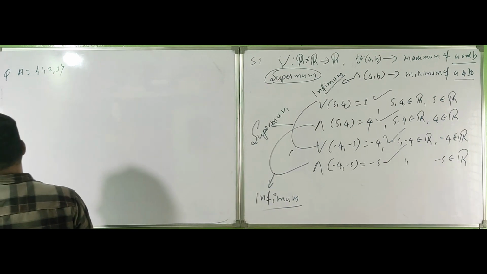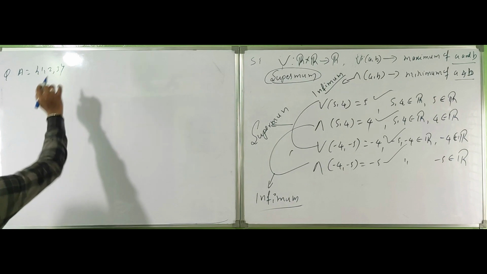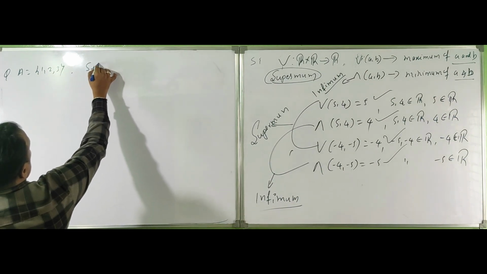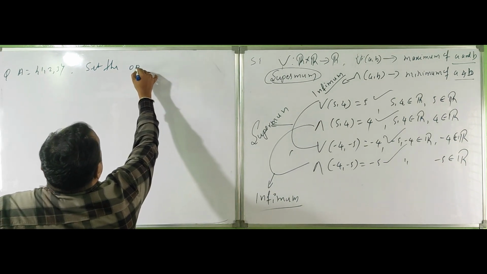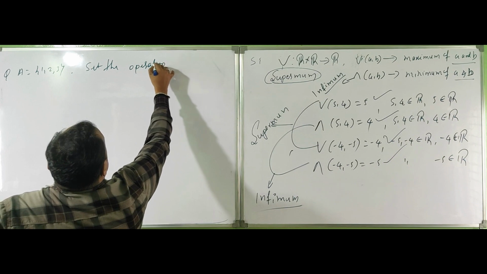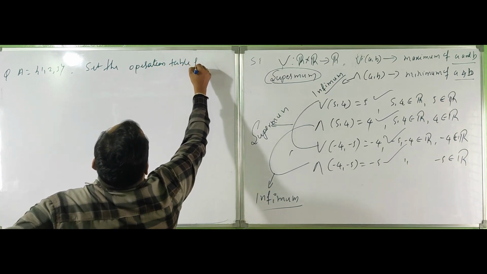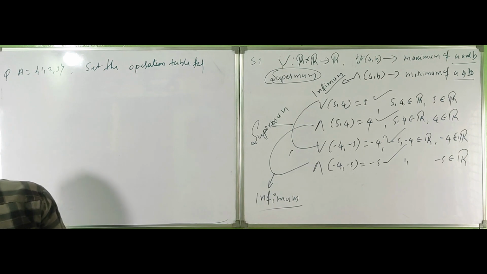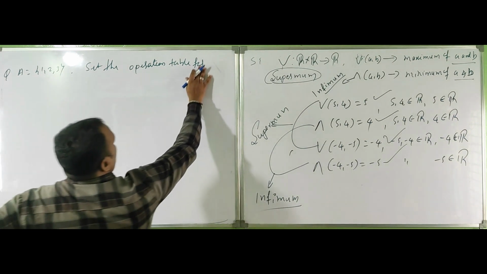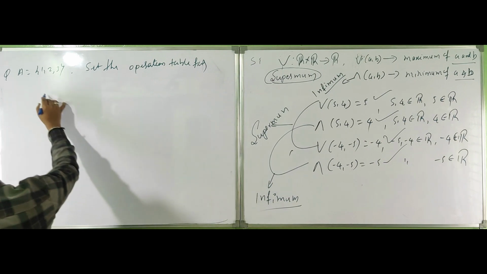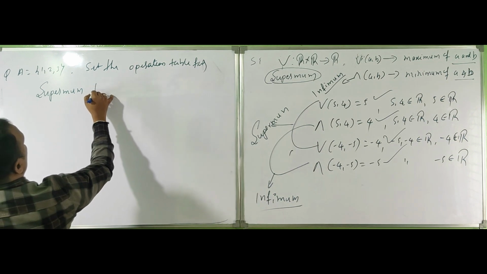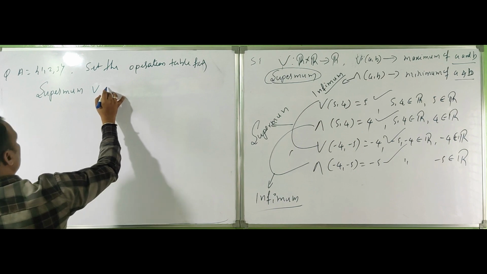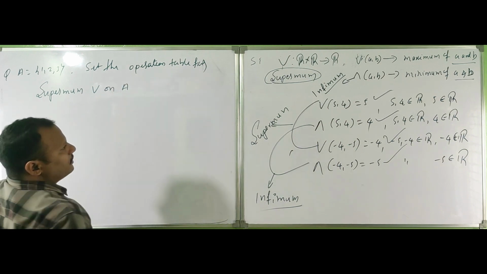Set up the operation table for the supremum operation on A. Supremum is V on A, right? On A, how is the operation table written?